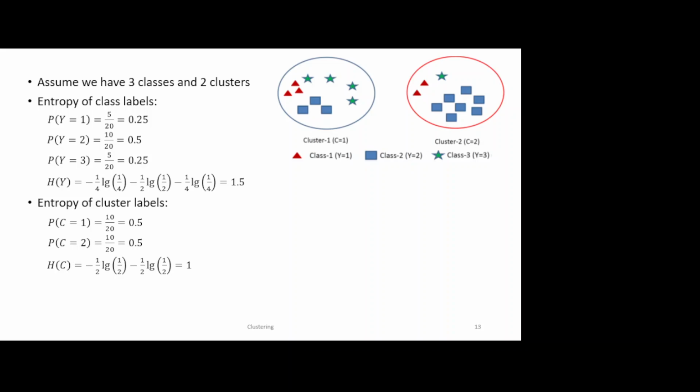For class 2, there are 10 data points that belong to class 2. Class 2 is the square, the blue one. There are 10 in total. So here the probability is 0.5. And for class 3 it is 0.25. So it represents the probability distribution of the three different classes.